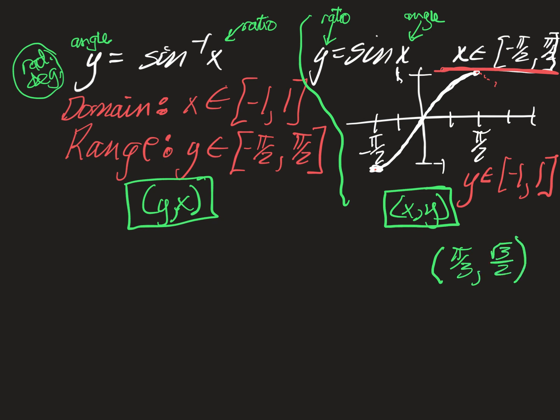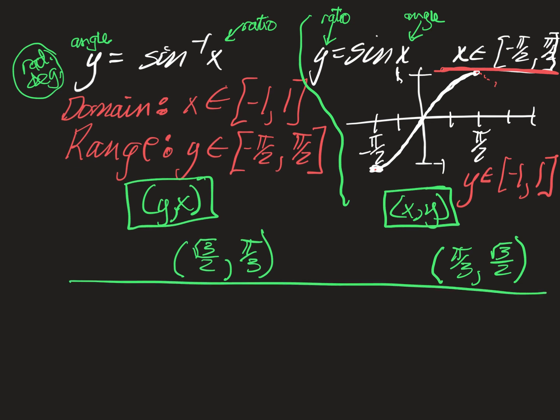That's on the sine graph, okay? So what's on the inverse sine graph? Well, on the inverse sine graph, it'll be square root of 3/2, comma, pi/3.